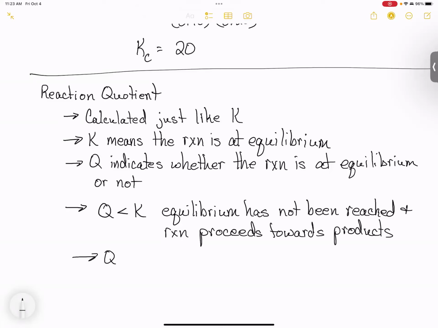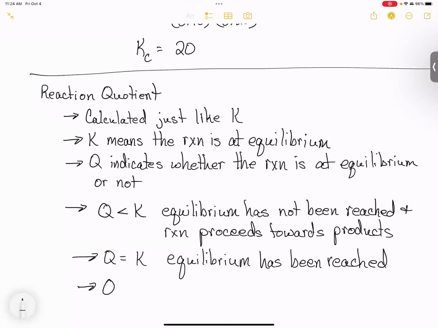If Q is equal to K, then equilibrium has been reached. And if Q is greater than K, that means that we are past equilibrium, and the reaction proceeds towards the reactants.